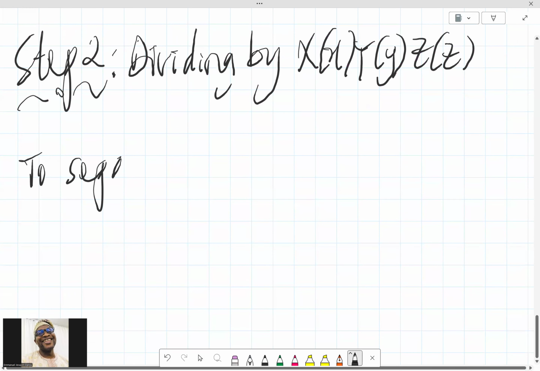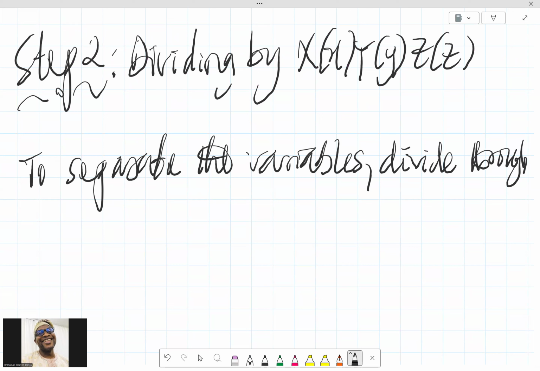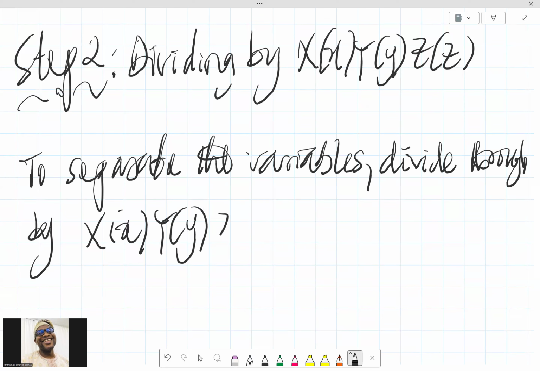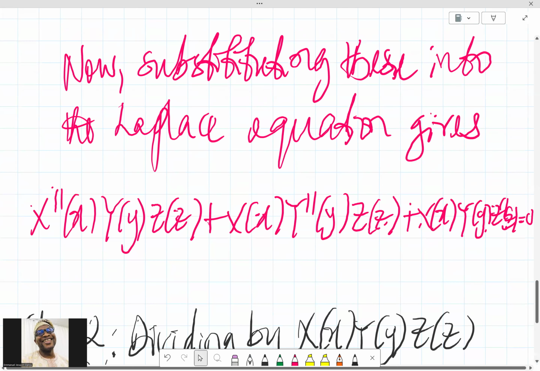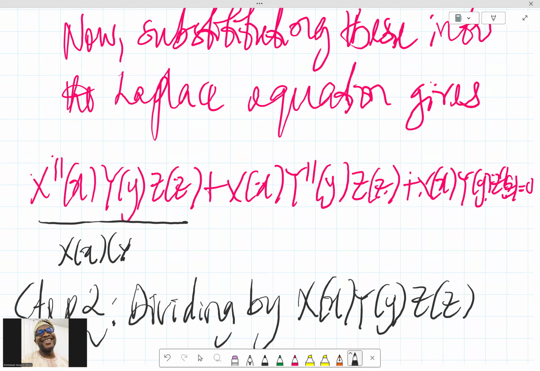To separate the variables, we divide through by the original separated function, X of x, Y of y, Z of z.